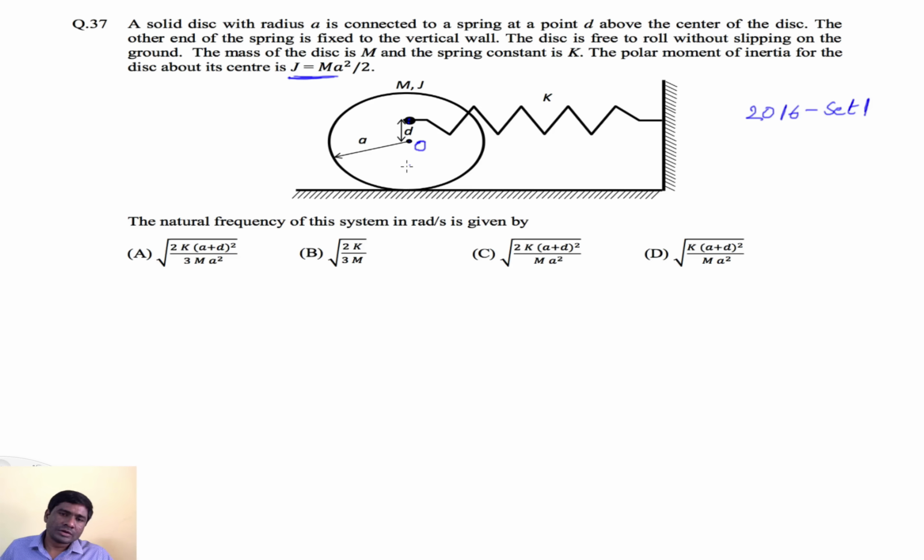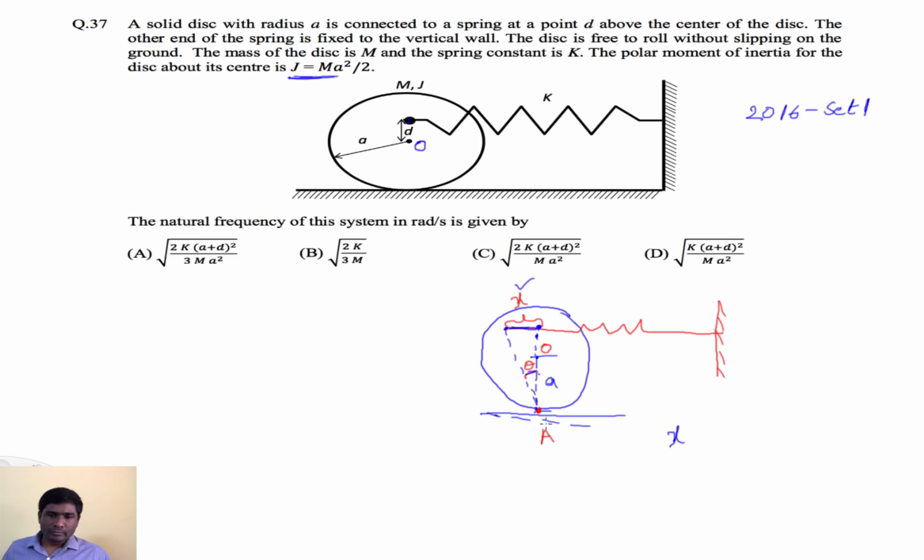And in this position, I have given a small rotation to this roller. So this is the final position when the disk is given some initial angular displacement theta, and it is rotating like this.